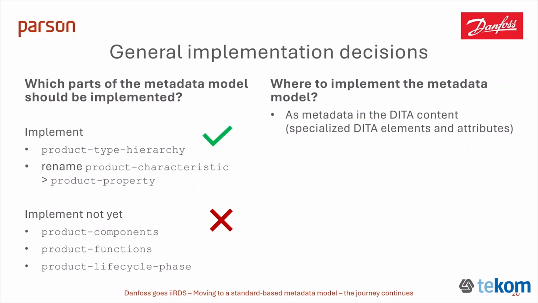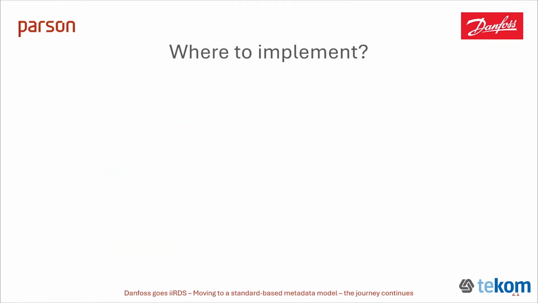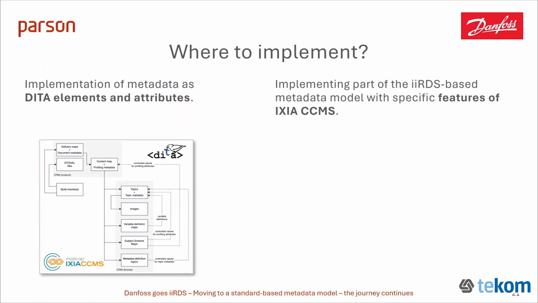One decision was whether the metadata should be implemented as metadata in the DITA content itself, or whether that should be done with features that are especially provided by the IXIA CCMS. So we implemented a number of metadata as DITA elements and DITA attributes with this specialization.